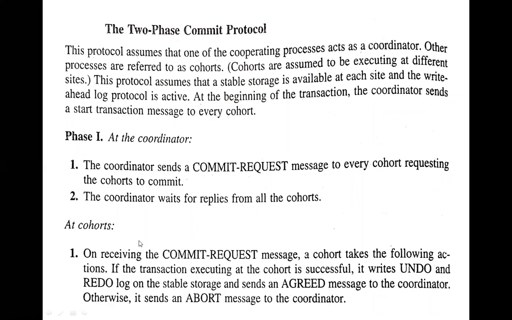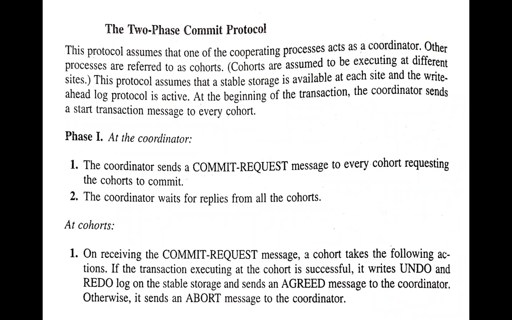So that is phase 1 of the two-phase commit protocol, in which the coordinator takes the initiative by sending a request message to all the cohorts requesting them to commit, and waits till it receives the replies from the cohorts.